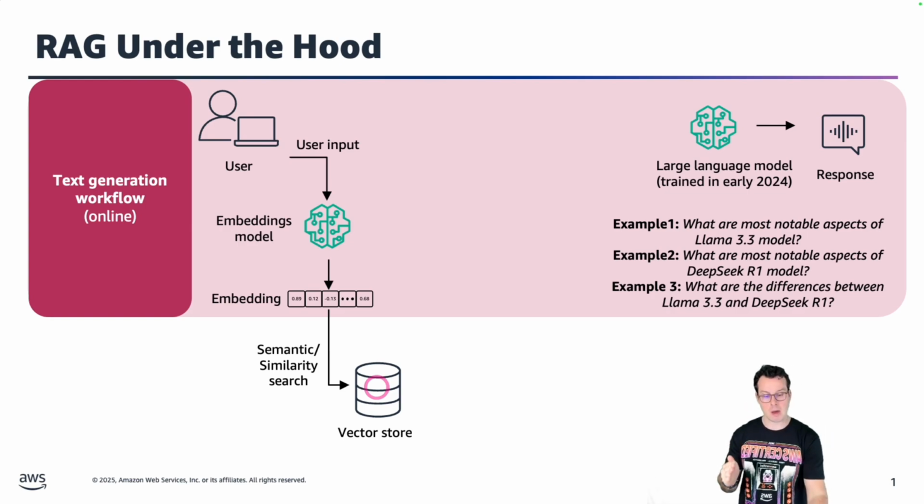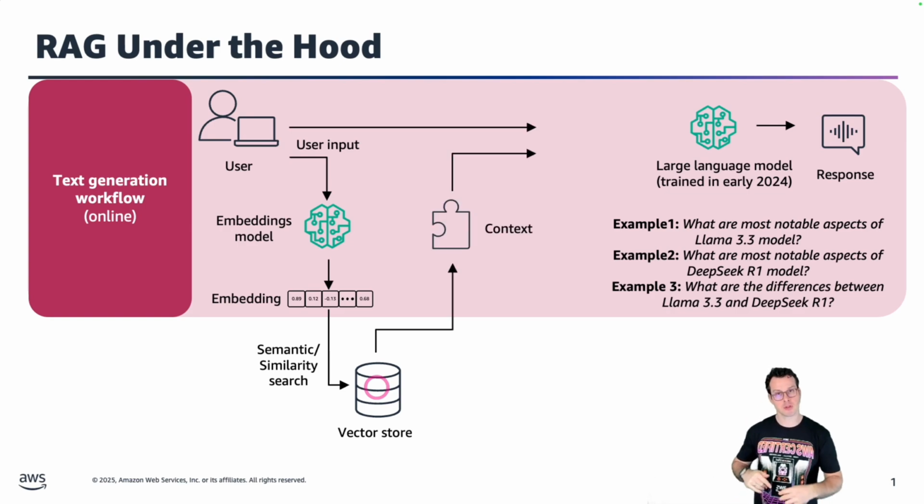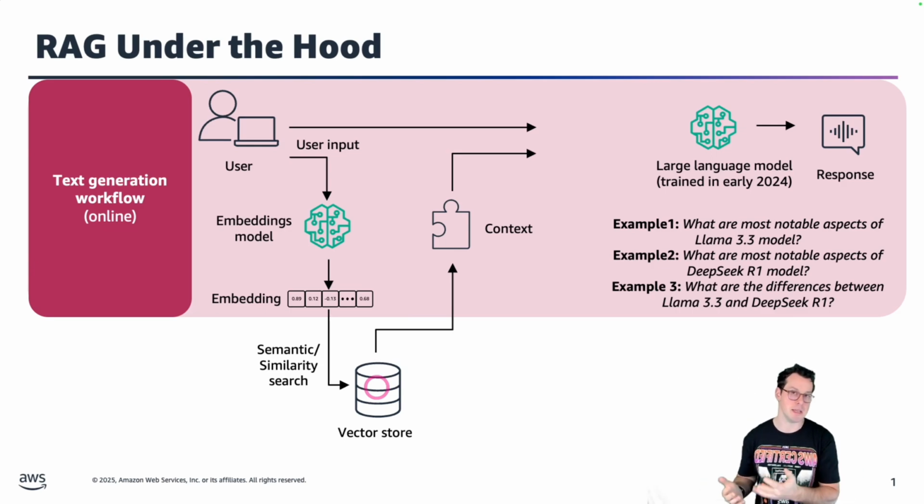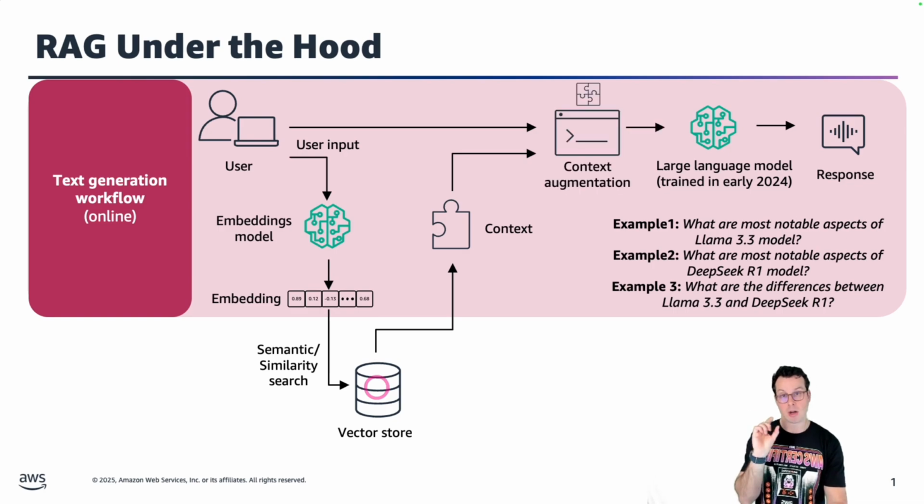Through this similarity search we retrieve some relevant context, maybe from recent blog posts, from documents that have been uploaded, research papers, and then you combine that through the context augmentation process.